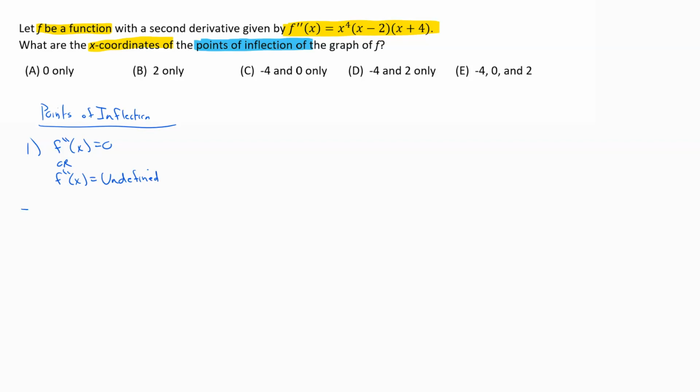Then the second thing that has to happen is it also needs to change concavity at that x value. And only when it does both of those things does something get to count as an inflection point.